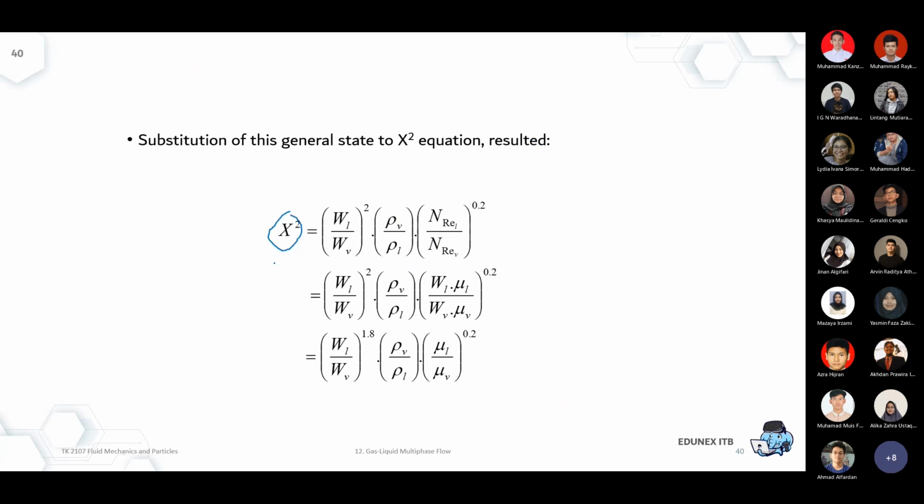So from this you just have to calculate the square root so that you get the x. Or if you want to directly know the x, put a square root on all of this correlation, because the correlation to get the two-phase model is actually coming from x, not the square x.